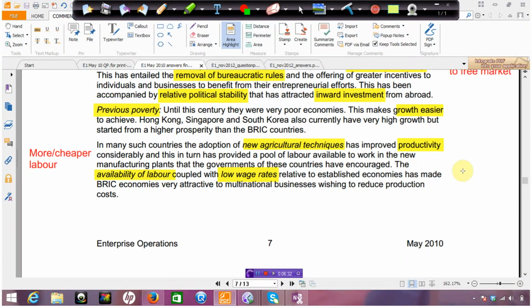Again, that links into the point about technology and perhaps IT: new techniques will lead to efficiencies in production. If you couple that with a large labor force and low wage rates, you'll see that they're very attractive economies for inward investment and even for homegrown investment too.